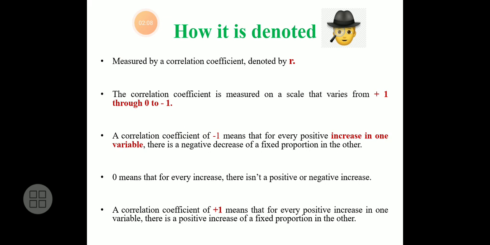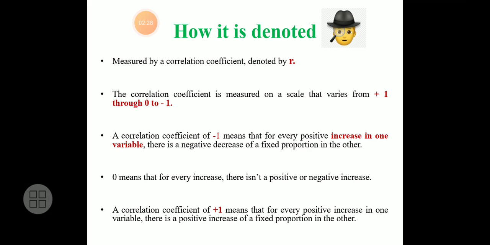Here, correlation is measured by a correlation coefficient, which is always denoted by R. The correlation coefficient is measured on a scale that always varies from +1 through 0 to -1, isn't it?